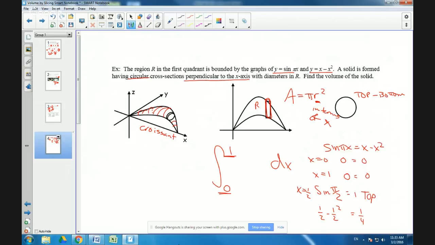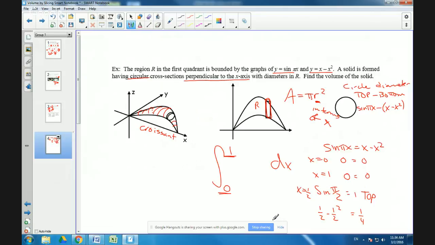Right? So our circle diameter is top minus bottom. That is sine pi x minus x minus x squared.